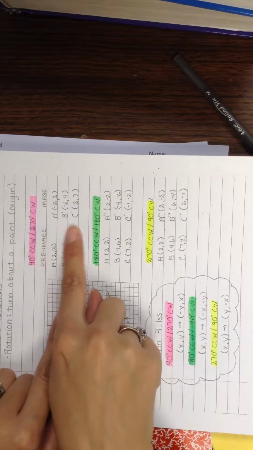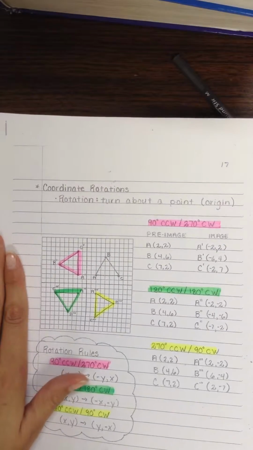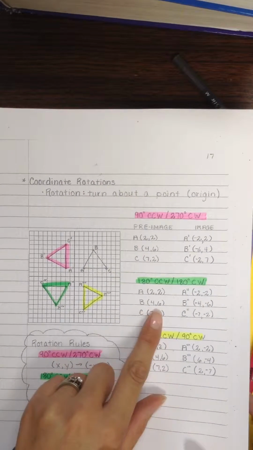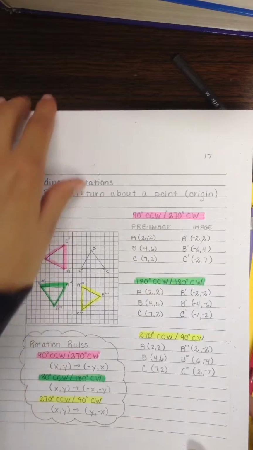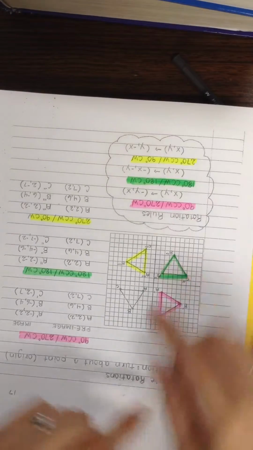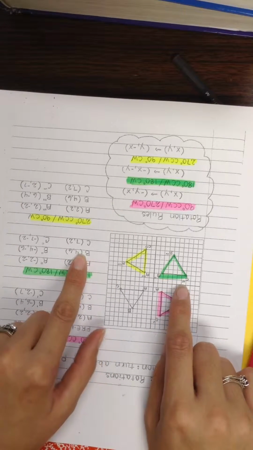I can list out these points and then copy them down once my paper is right side up. So looking again, if I wanted to do the 180, and let's look at the 4, 6 since these numbers are different, I would take my paper, turn it 90, turn it 180, and where did my 4, 6 go? Now 4, 6 was my letter B.